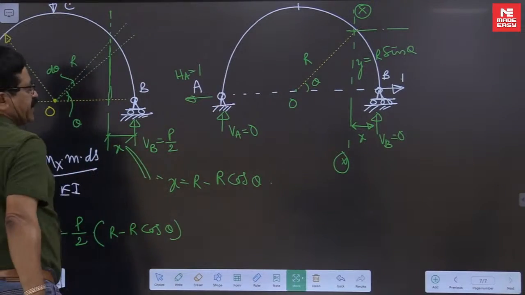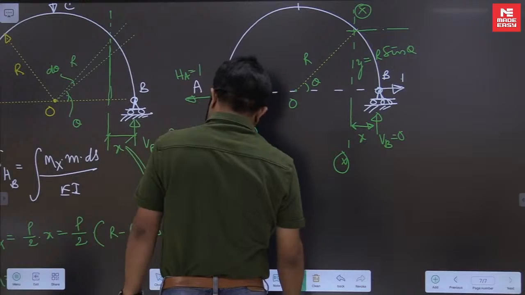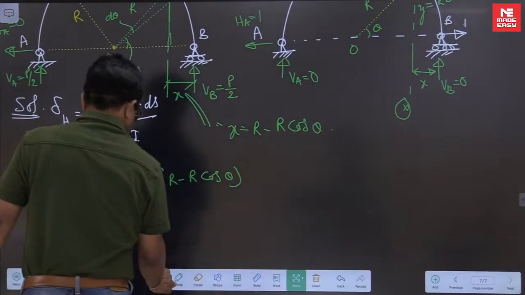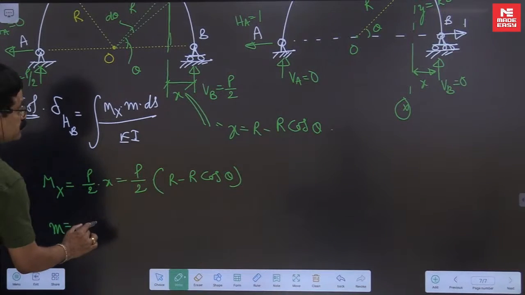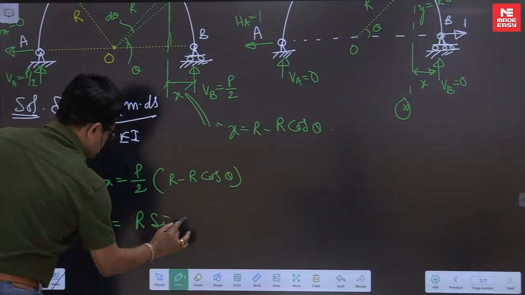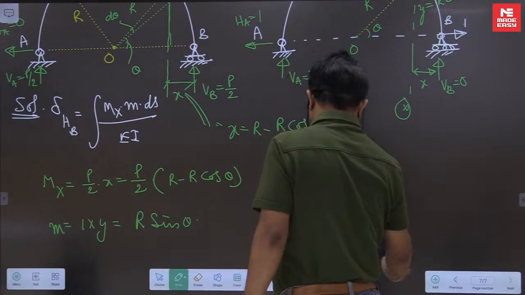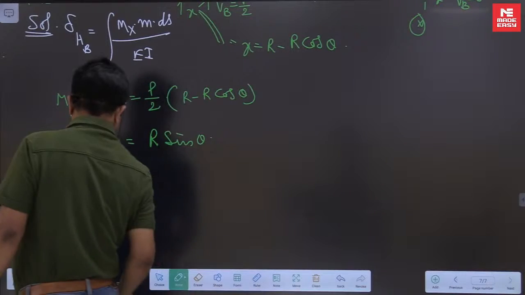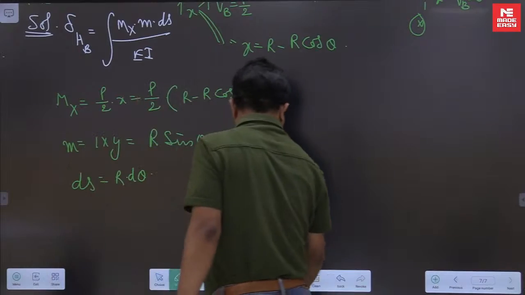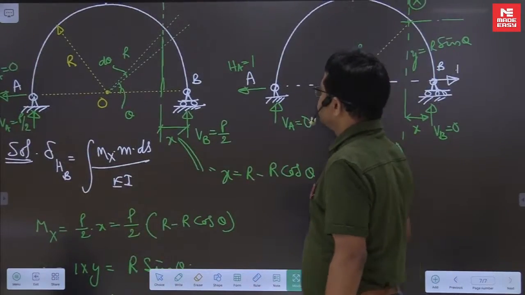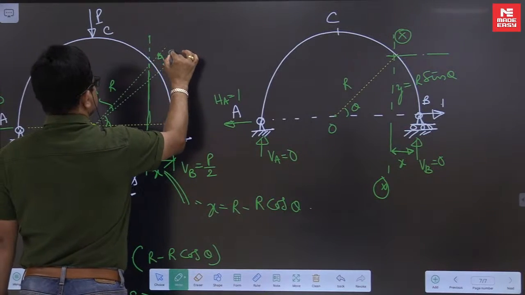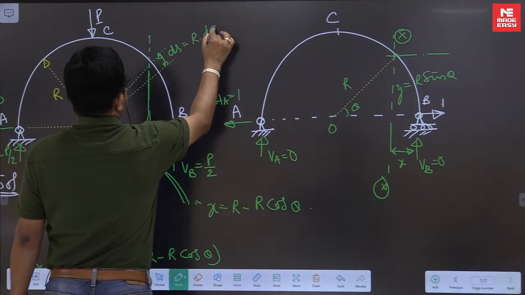So 1 into R sin theta. Then ds. Where is ds here? This one, this curved element. ds is R into d theta.